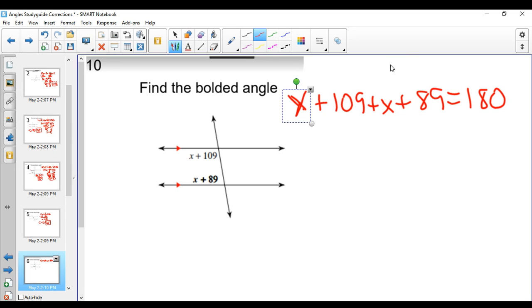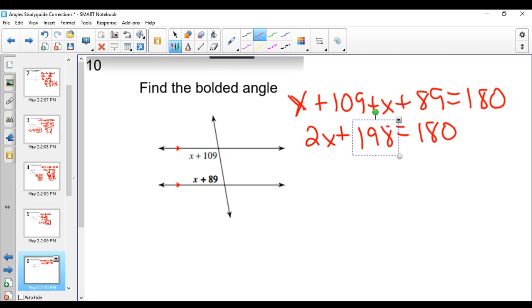Now I can work on combining some like terms on the left side here. So 1x plus 1x gives us 2x. Then 109 plus 89 gives us 198. And we have 180 on this side.